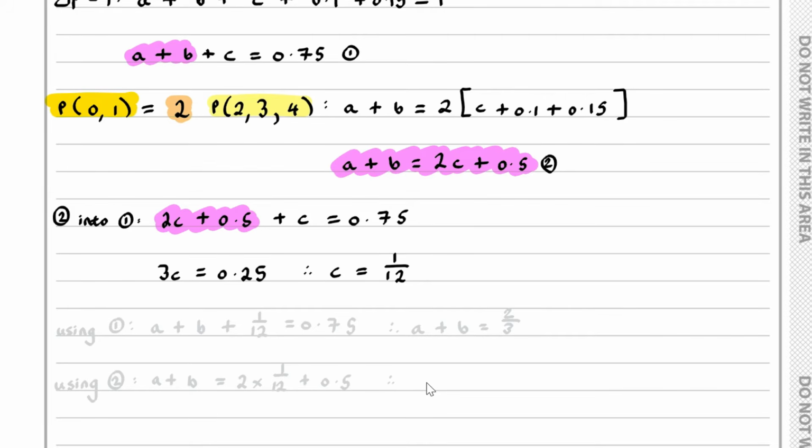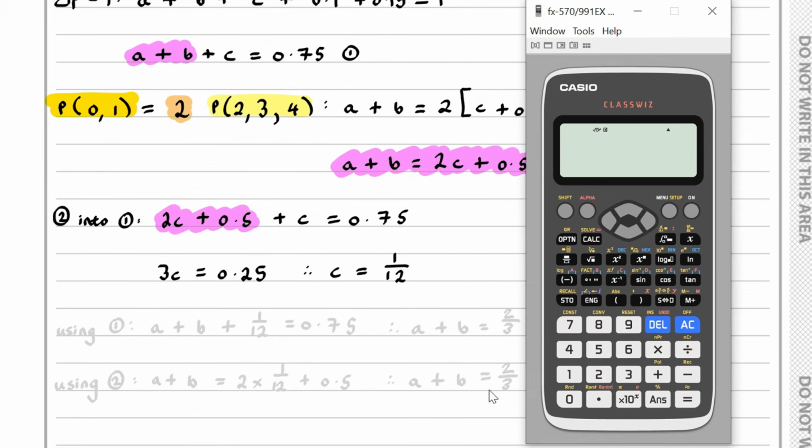Okay, so we've got a plus b equal to 2/3, and a lot of you at this point will probably substitute into your calculator. So if we go to the simultaneous section on our calculator, we can solve those simultaneously.